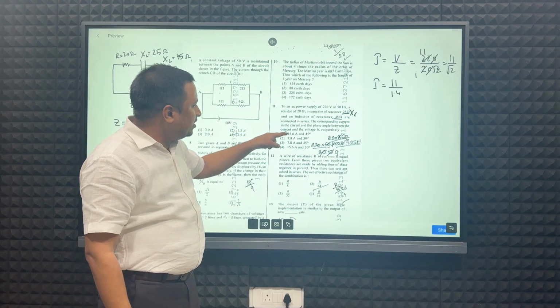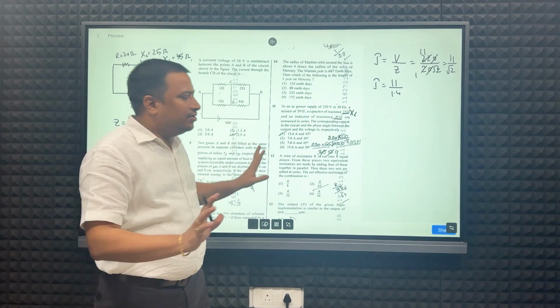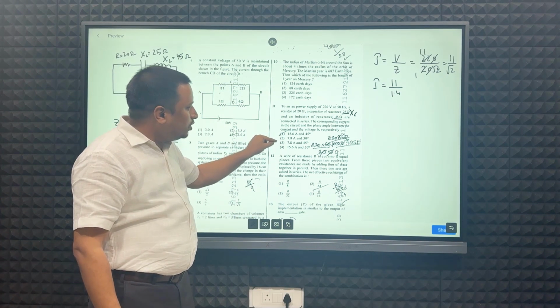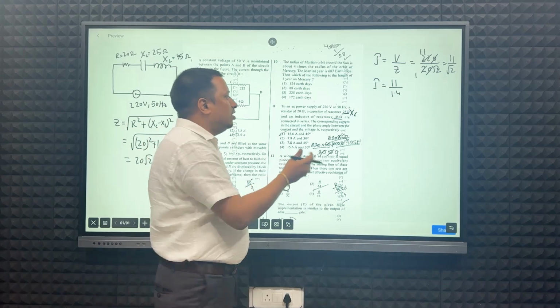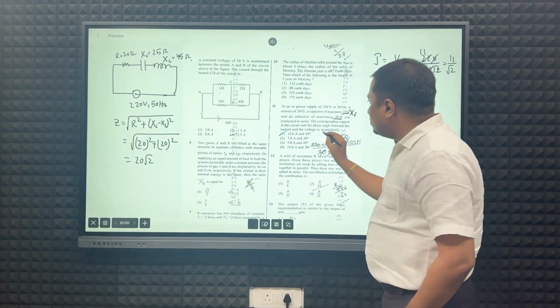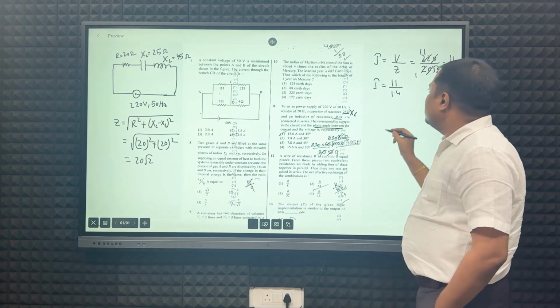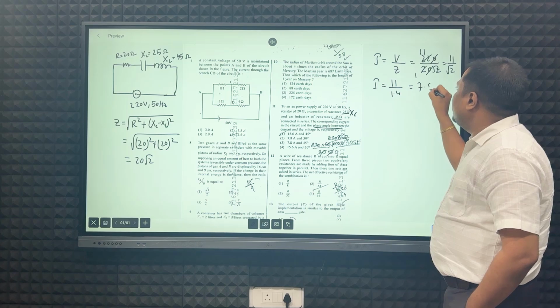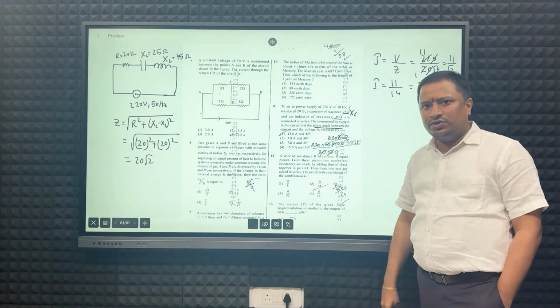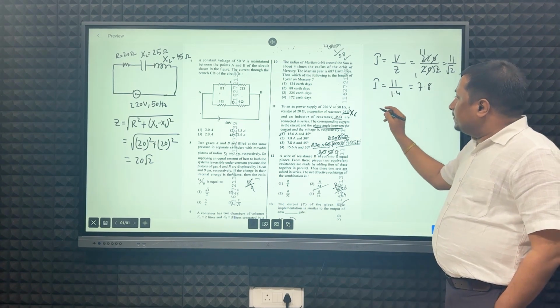Obviously it will not be 15.6, it is going to be 7.8, and 7.8 is only in two options. Now it depends on our phase angle, because they are also asking us the phase angle. Current is going to be obviously 7.8, no need to calculate. From the options you can select.